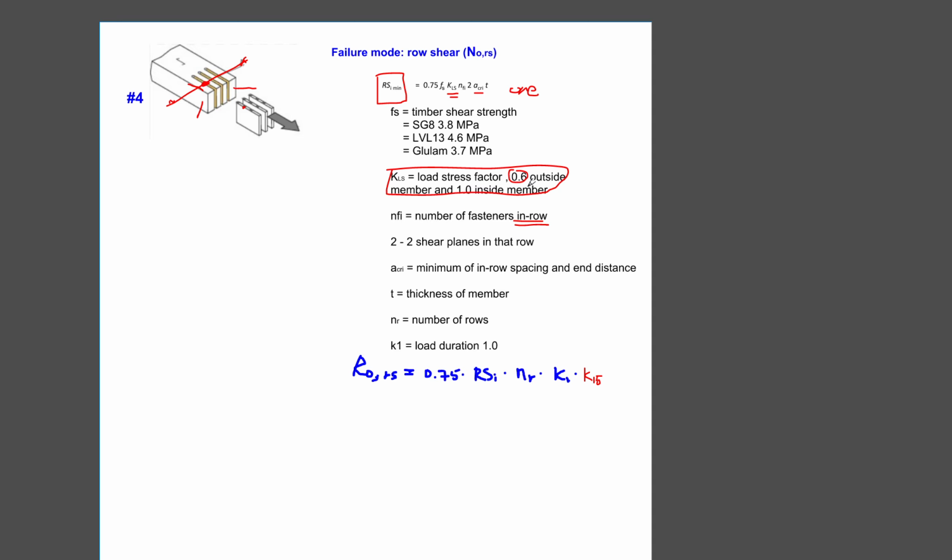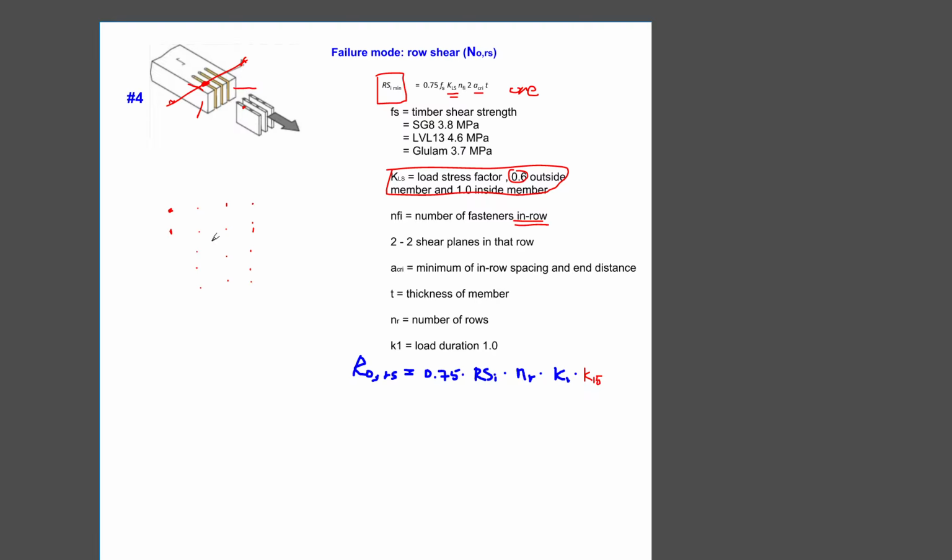Whereas if you have more rows of dowels, you can arguably say that I'm going to just use 1.0 because I don't want to penalize my internal dowels much. Say I have two rows of dowels, and we're looking at the plan view, two rows of dowels, and I have multiple rows of dowels internally.